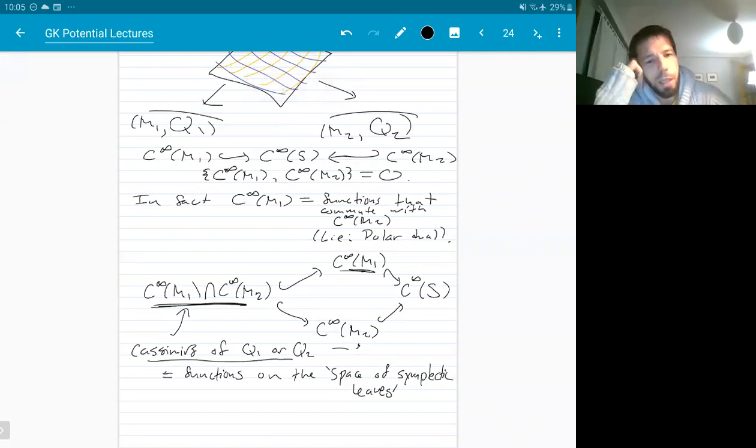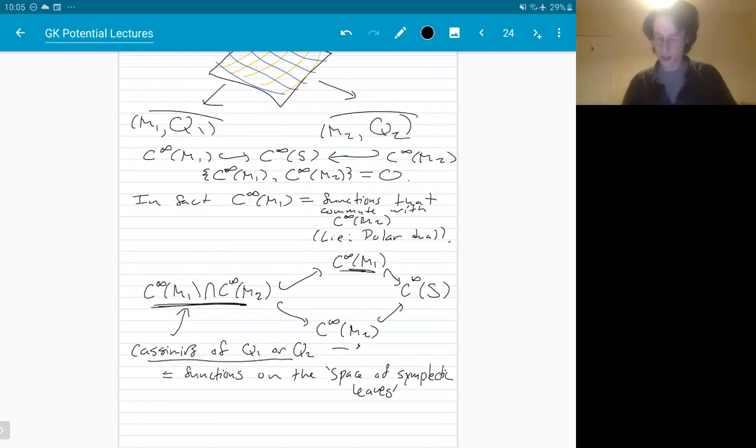So the intersection is taking place in C infinity of S. Yeah, exactly. I'm just saying that inside C infinity of M1, you have all the functions that Poisson commute with everything in C infinity of M1. In C infinity of M2, you have all the functions that Poisson commute with everything in C infinity of M2.